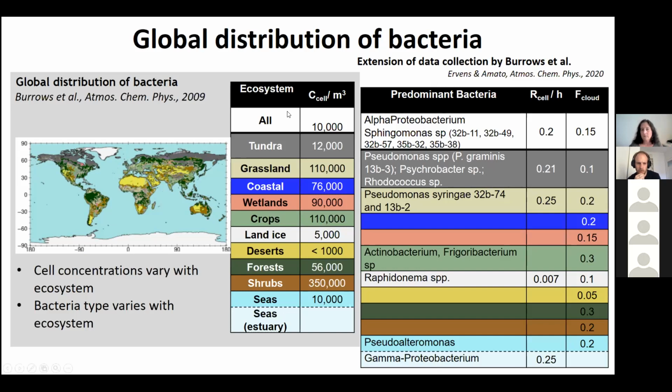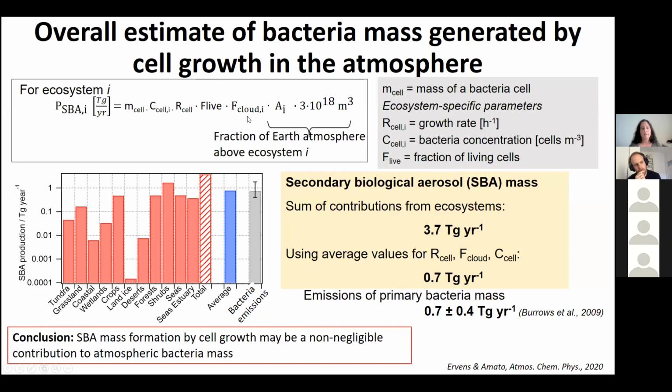Having this data, we put it together by the same equation I showed you before, and then scale it by the area each ecosystem covers on Earth. And we could come up with production rates as a function of the different ecosystems.